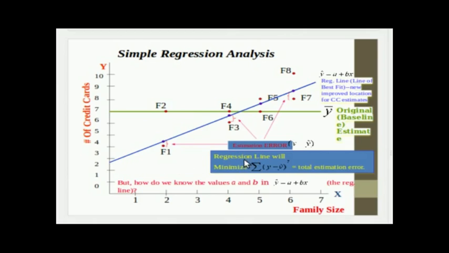The sum of squared errors is a simple, straightforward method to fit lines between these points and compare those lines to find the best fit through error reduction. The errors are the differences between the actual value and the predicted value. At this moment, we have not calculated the value of a, the regression constant, and the value of b, the regression coefficient. So let's see the way to calculate them on the next slide.